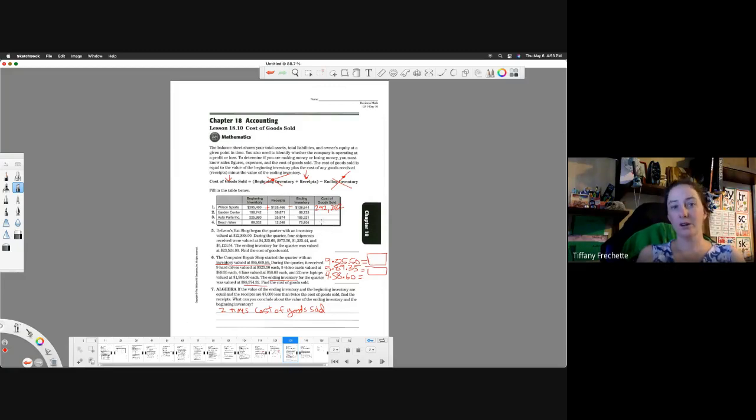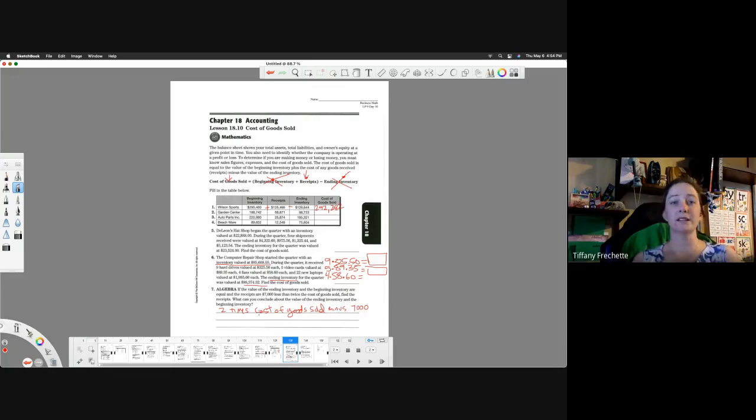So if we know that those two cancel each other out and the receipts are $7,000 less than twice the cost of goods sold, so this is minus $7,000 because we have 2 times the cost of goods sold minus $7,000.